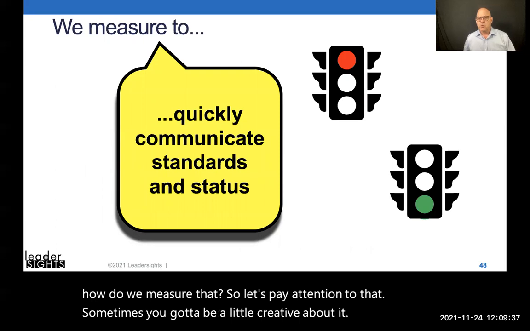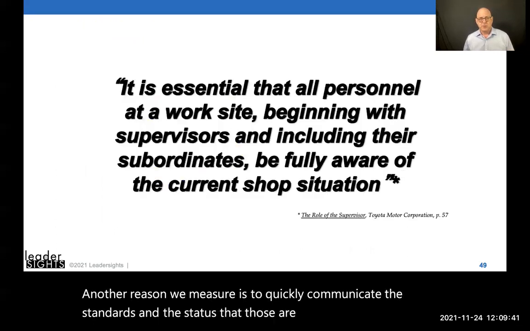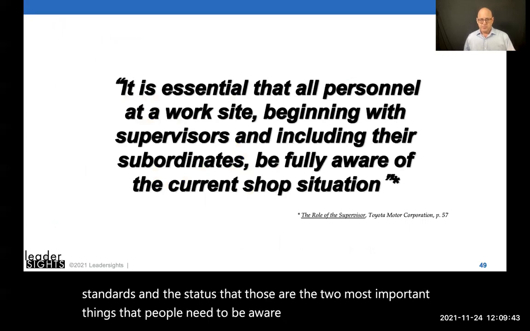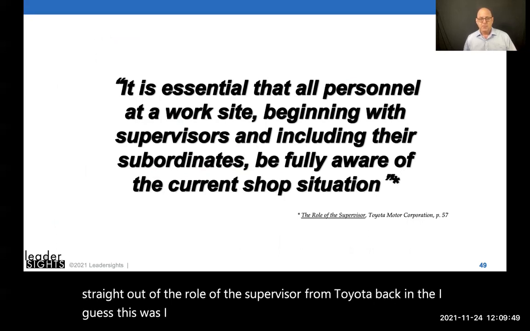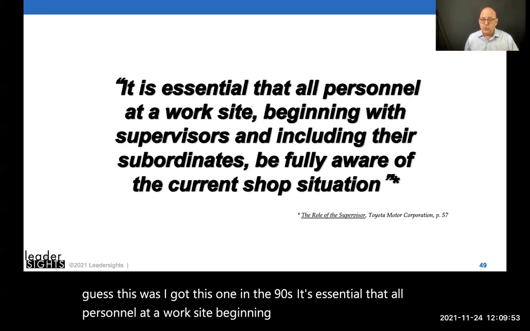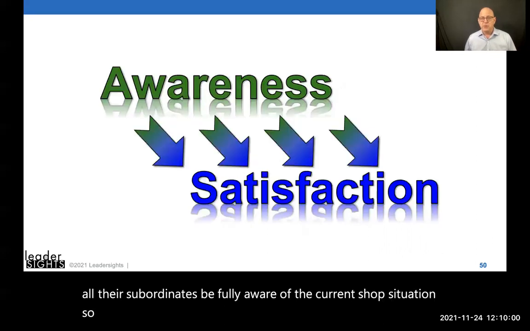Another reason we measure is to quickly communicate the standards and the status. Those are the two most important things that people need to be aware of. And here's a quote pulled straight out of the Role of the Supervisor from Toyota, back in the 90s. It's essential that all personnel at a worksite, beginning with supervisors and including all their subordinates, be fully aware of the current shop situation. So this awareness is absolutely critical.